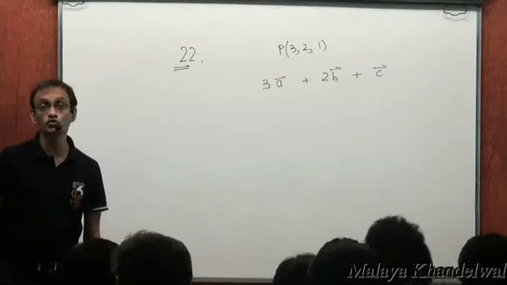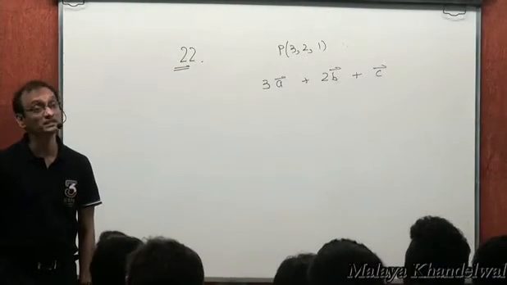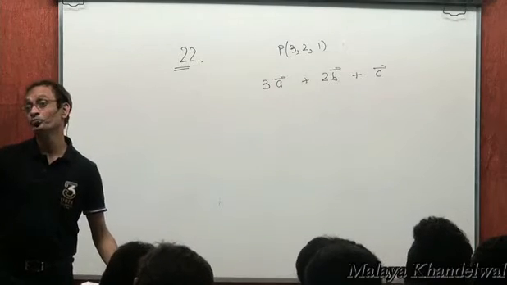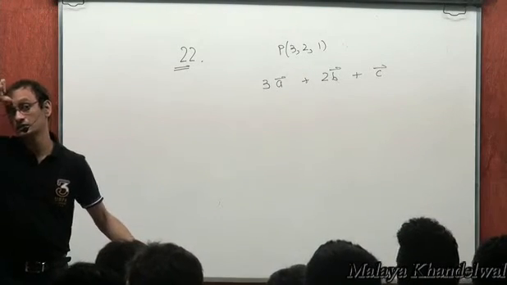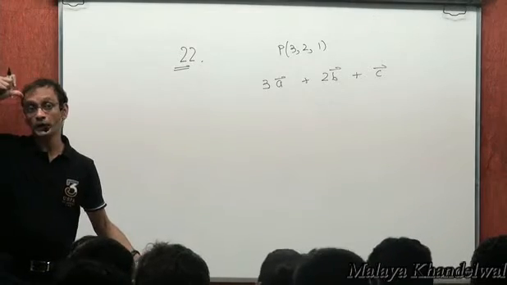Its position vector is going to be 3A plus 2B plus C in a system defined by 3 non-coplanar vectors A, B, C. Right?